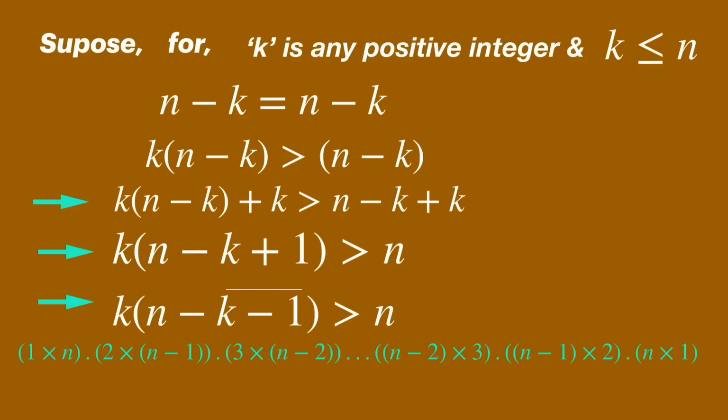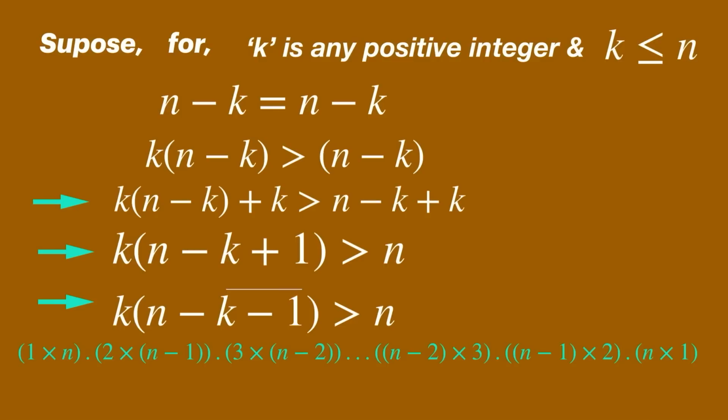because see, do you see any similarity of this k into n minus k minus 1 with the couples like 1 into n, 2 into n minus 1? So in this way, here we have written in a green colored line the expanded expression of factorial n square.